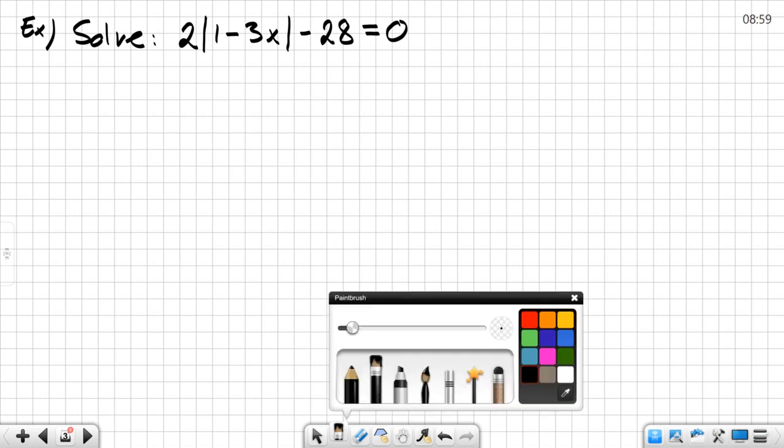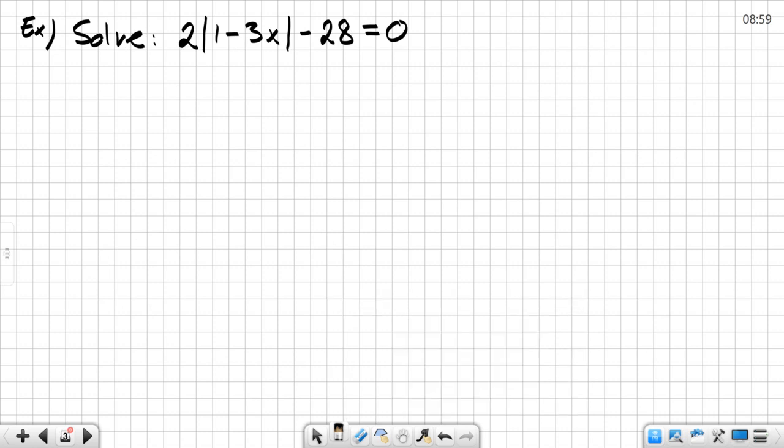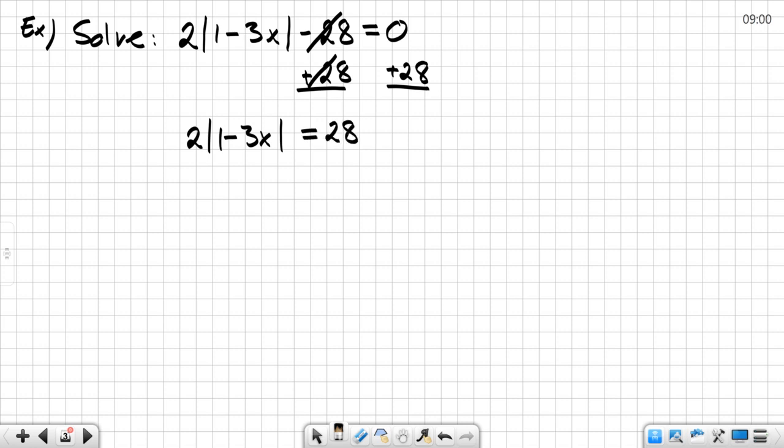Now, for this example, I have to do a little bit more because my absolute value expression is not alone. So the first thing I have to do is isolate. I am taking the negative 28 and moving it to the right side. So I will get 2 times the absolute value of 1 minus 3x, this is the algebraic expression, is equal to 28.